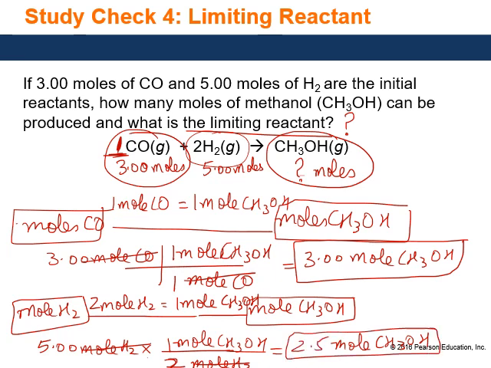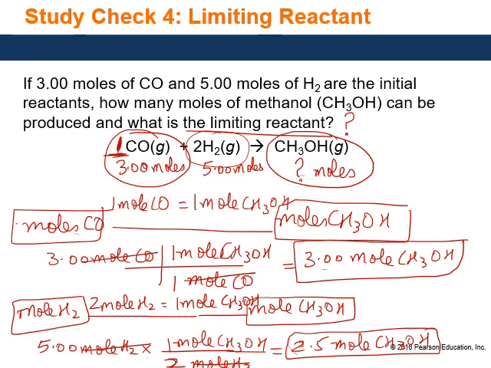So now if I start with carbon monoxide, it will give me 3 moles of methanol. But if I start with 5 moles of hydrogen, it will only give me 2.5 moles of methanol, meaning once I make 2.5 moles of this, my reaction is done. I don't have any more hydrogen left. So this right here is the maximum product I can make.